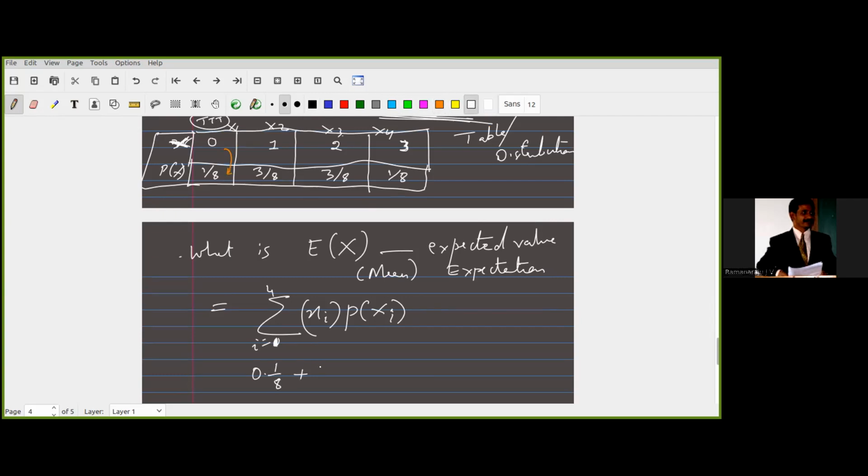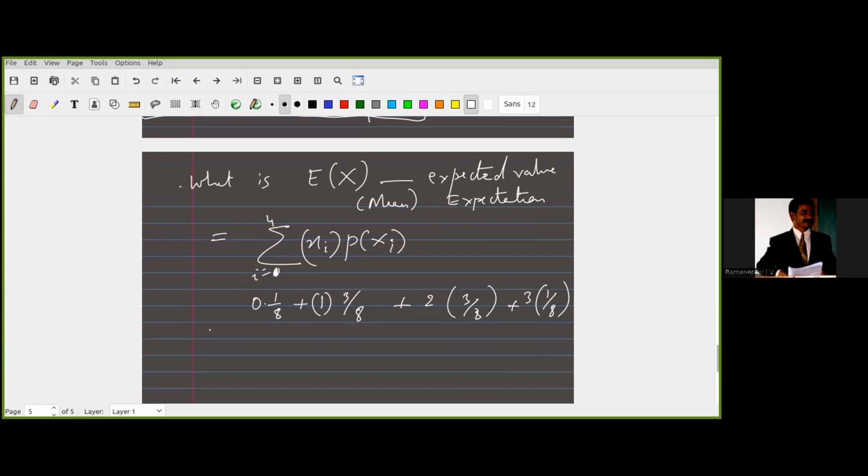Similarly, 1 multiplied by 3 by 8 plus 2 multiplied by 3 by 8 plus 3 multiplied by 1 by 8. And that summation is simply 3 by 8 plus 6 by 8 plus 3 by 8, which is 12 by 8, which turns out to be 1.5. So 1.5 is the expected value of this random variable.